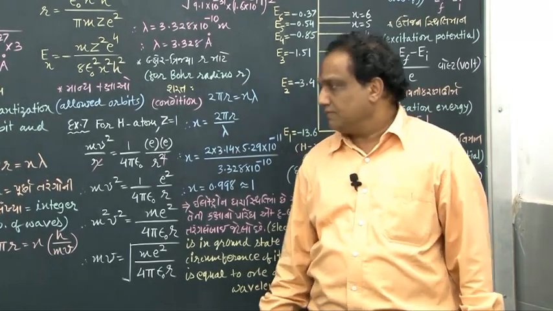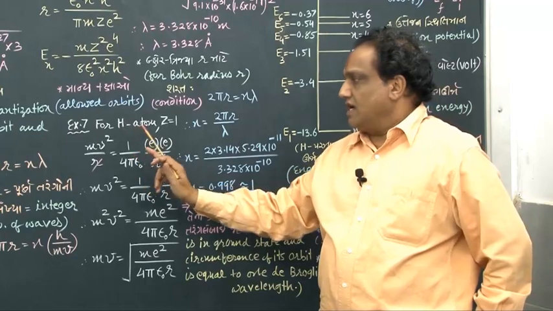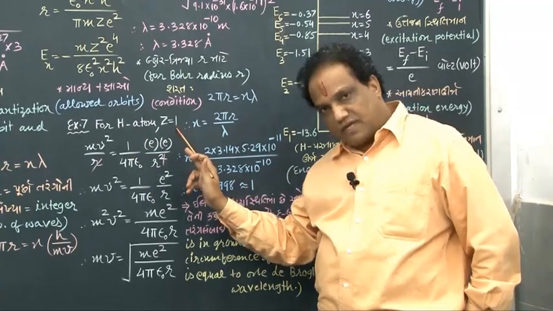Look, for the hydrogen atom, the atomic number is 1.